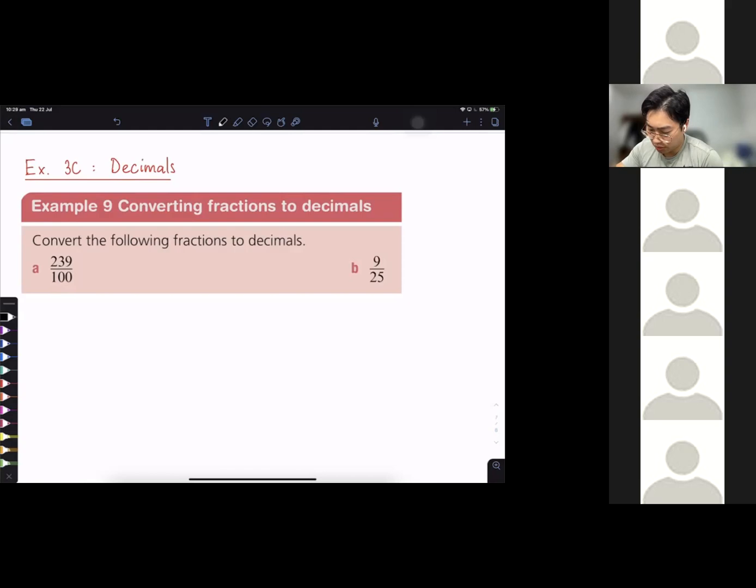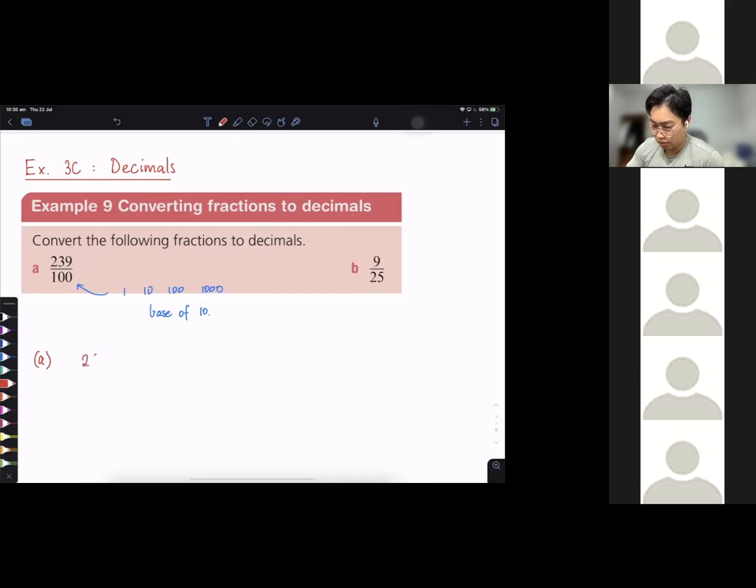So this is what we call this number here at the bottom, when it's a 1, a 10, a 100, a 1000, we call that a base of 10. Okay. So this will give us a clue when it comes to a more difficult question like 9 over 25.